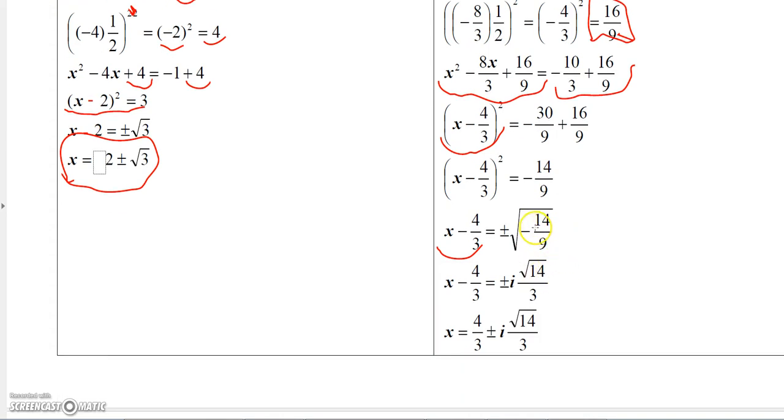Now I can write that as the square root of negative 14 over the square root of 9, and the square root of negative 14 would be the square root of 14 times i, and the square root of 9 would just be 3. So that would tell me that x minus 4 thirds is equal to plus or minus i times the square root of 14 over 3.